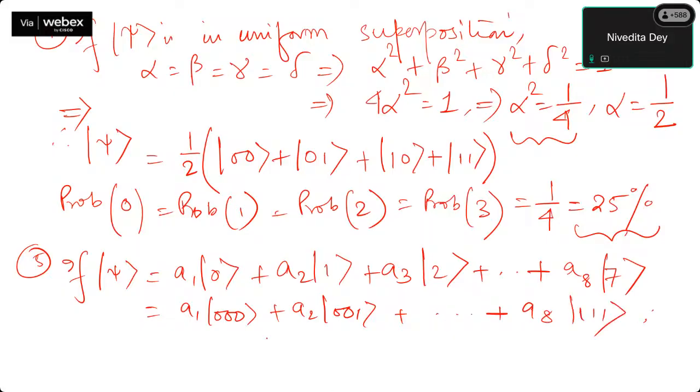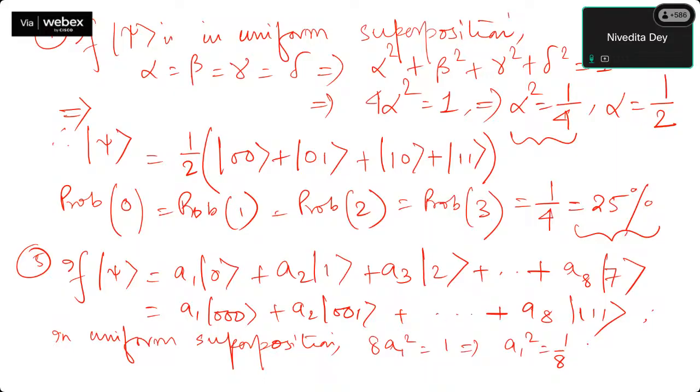If that is the case, then in uniform superposition, it will be 8 a square, or say a1 square is equal to 1. So a1 square will be 1 by 8. So this is the probability. I guess this is 12.5%. That is half of 25%. So each of these states 0 to 7 are 12.5% probable to occur.